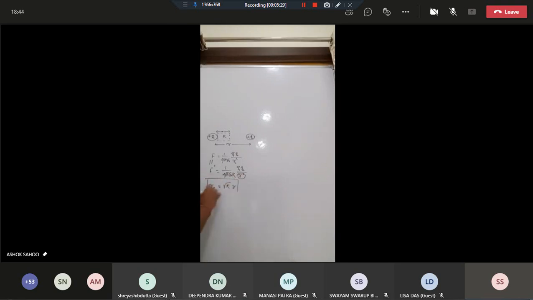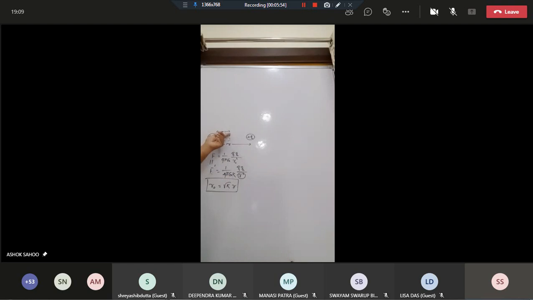This relation will come. What does it imply? R naught is the separation in vacuum, and R is the separation in the dielectric medium. Now the same principle will be used.